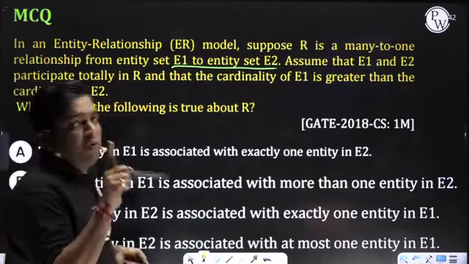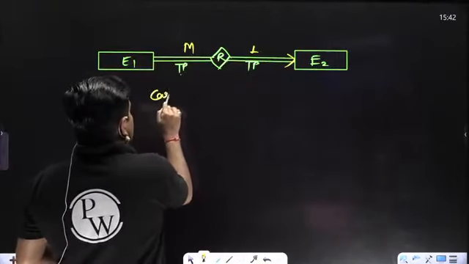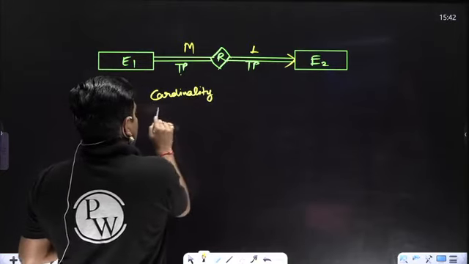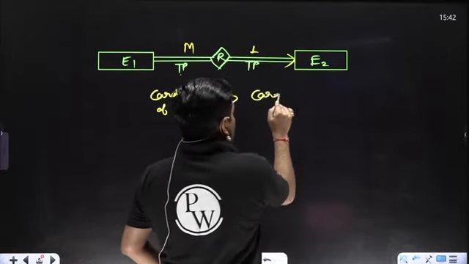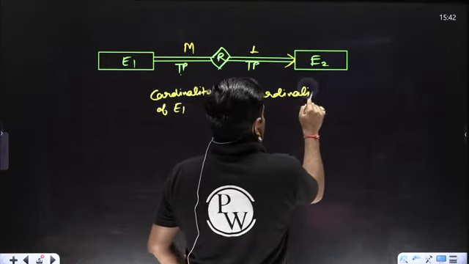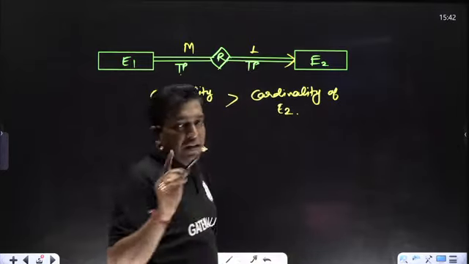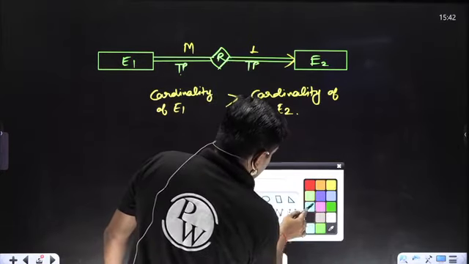And the cardinality of E1 is greater than the cardinality of E2. Entity set here means, what is it saying, my dear student?